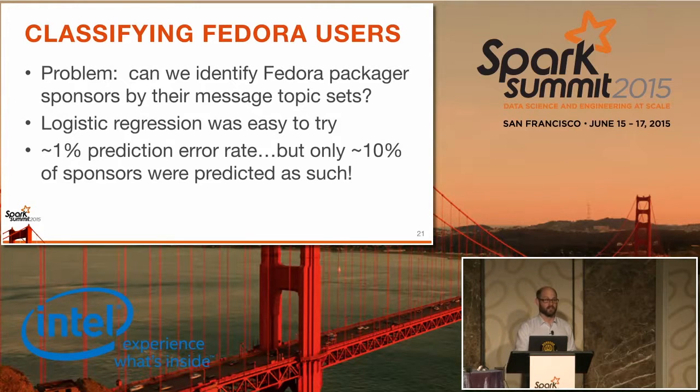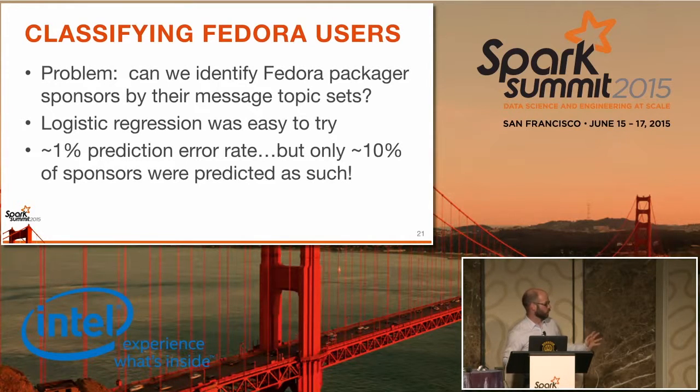And it had about a 1% prediction error rate, which sounds really great until we consider that a little less than 1% of Fedora users are packager sponsors. So we could have actually done better by just predicting everyone wasn't a sponsor.